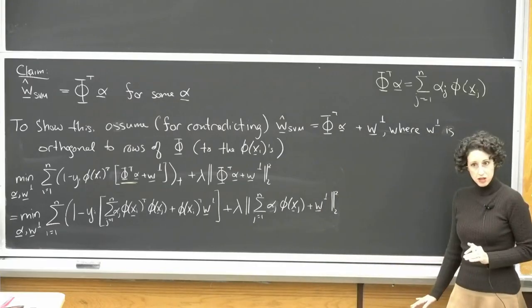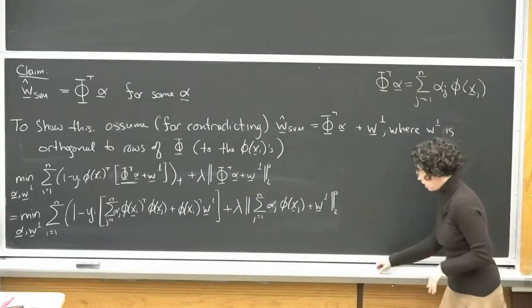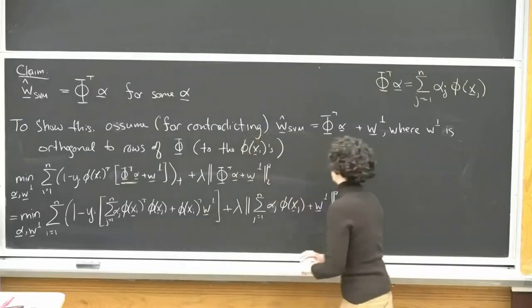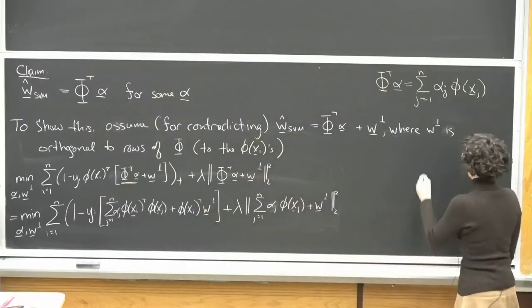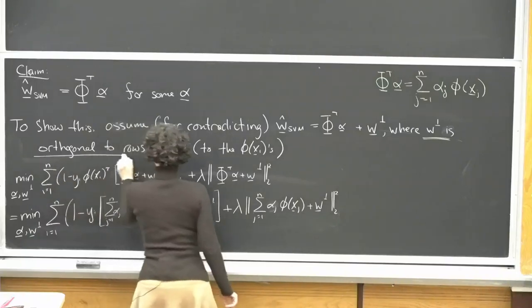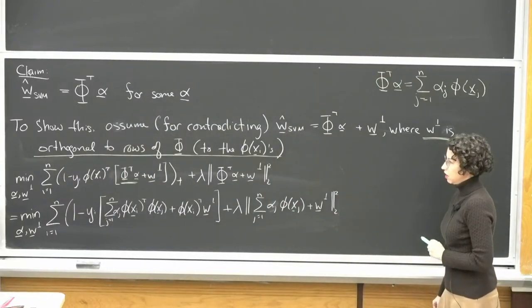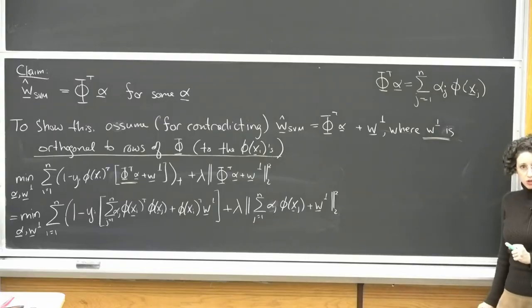Now that I've expanded this out, I see something extremely helpful. So remember that we assumed that w perp is orthogonal to the rows of capital phi, to all the phi of x_i's. Now we can use that information. So what can I simplify using that information at this point?